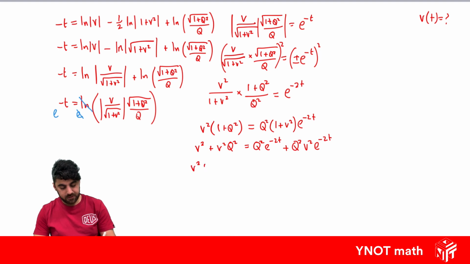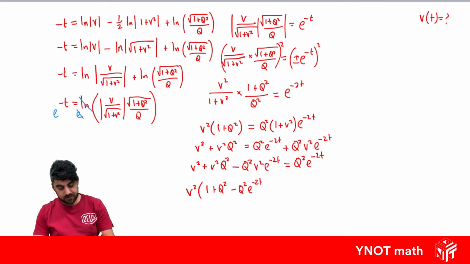Going to get v squared plus v squared q squared minus q squared v squared e to the minus 2t equals q squared e to the minus 2t. Let's factorize out v squared. So we're going to get v squared times 1 plus q squared minus q squared e to the minus 2t equals q squared e to the minus 2t.